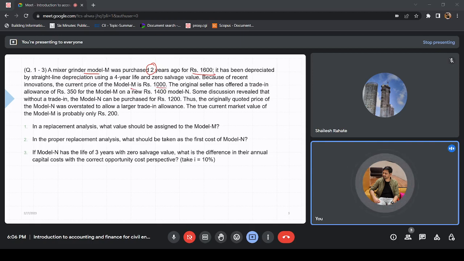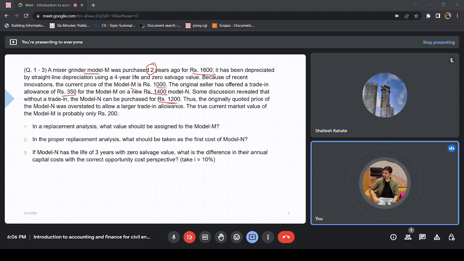The original trader has offered that if you buy the new model N for rupees 1400, he will take this for rupees 350. You have seen such deals very often. But when you see other sites, you know that model N can be purchased for rupees 1200.